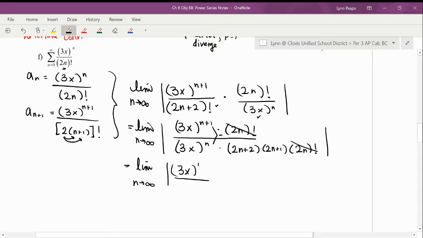So n plus 1 minus n is 1. So then I'll have in my denominator 2n plus 2 times 2n plus 1. And then I see that I am taking the limit as n approaches infinity. There's no n here at all. So that means that can go to the front as a coefficient. And it's going to stay in the absolute value, right?